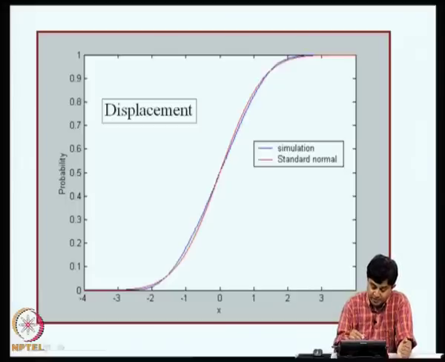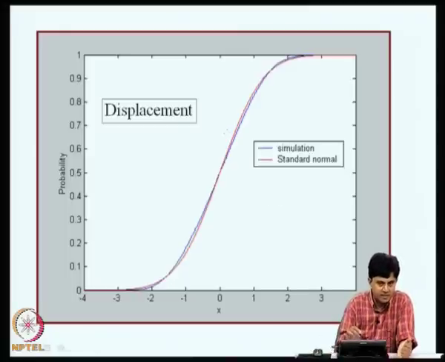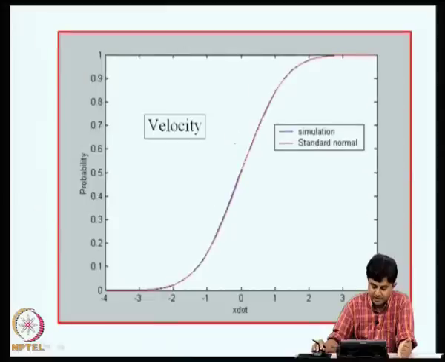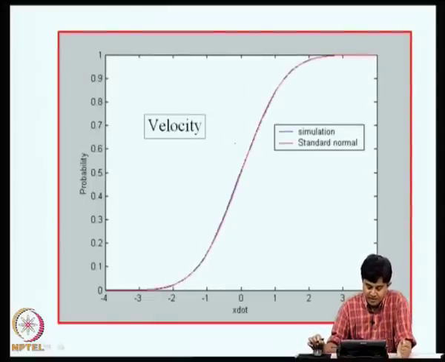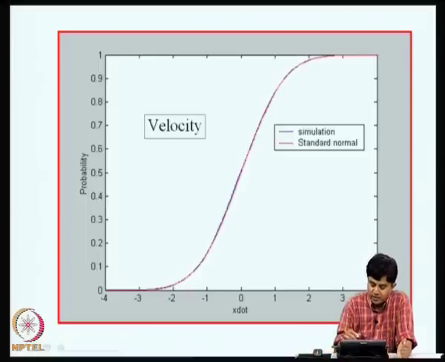The difference between the red and the blue line shows the influence of nonlinearity for this problem. It is not that these two lines are expected to match, they are known to differ. But the velocity process, as we have seen in steady state, is a Gaussian random variable. So, here we should expect a perfect match between simulation and standard normal random variable, and that is what indeed we see for this example.